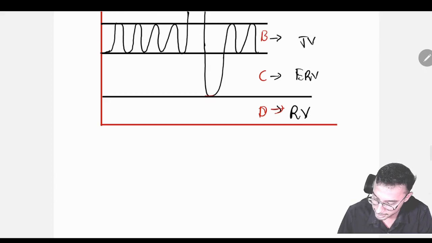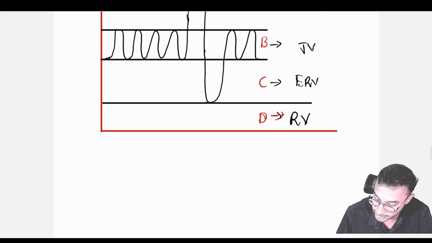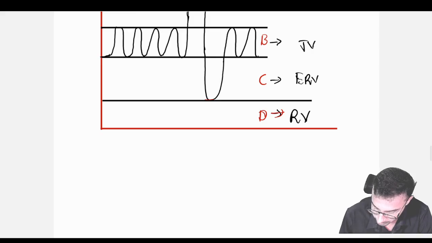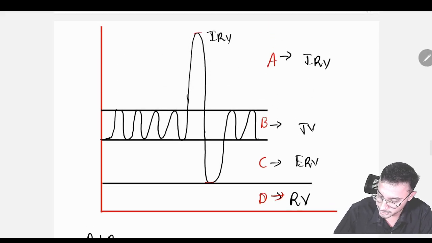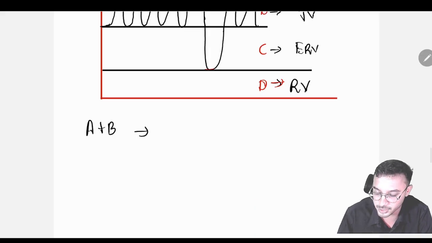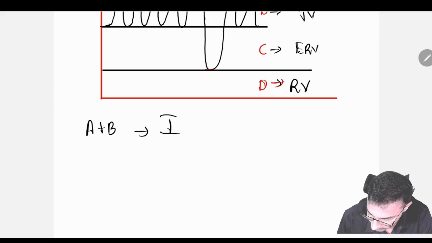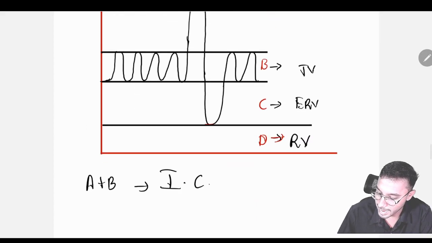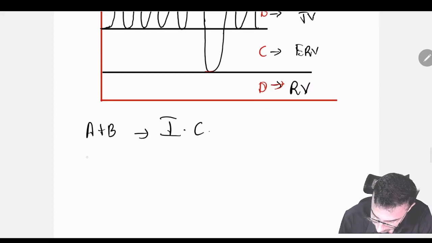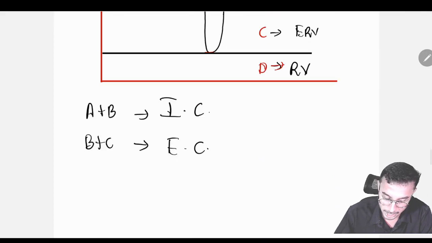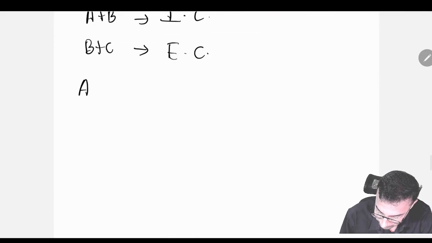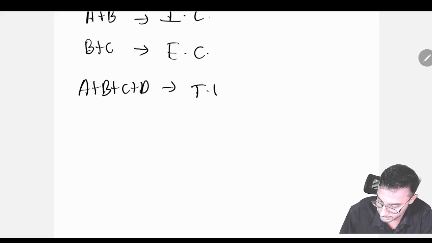If I want to add A plus B, what does it indicate? TV plus IRV, A plus B. If I combine both, what does this indicate? A capacity. Which capacity? Inspiratory capacity. If I add B plus C, TV plus ERV, what does it indicate? Expiratory capacity. If I add all of A plus B plus C plus D, what does it indicate? Total lung capacity.